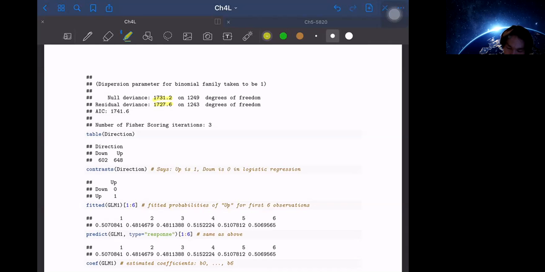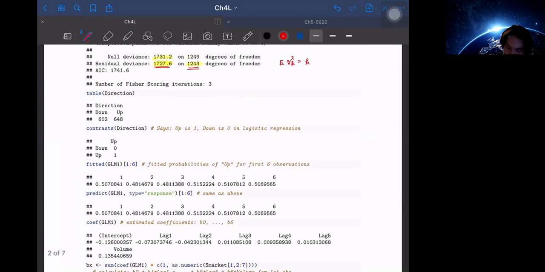So residual deviance: this statistic follows a chi-square distribution with residual degrees of freedom 1,243. And the chi-square distribution with degrees of freedom k has expectation k. So if this number is much larger than this number, then the residual is too large.